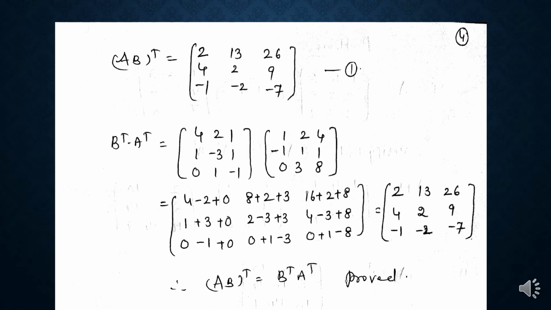By multiplication of these two matrices, we got 2, 13, 26, 4, 2, 9, minus 1, minus 2, minus 7. So here LHS and RHS are equal. Therefore, AB whole transpose is equal to B transpose into A transpose is proved.